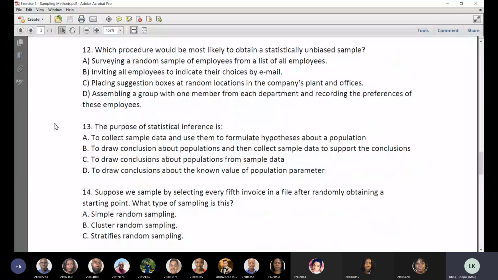Number 12, which procedure is likely to obtain a statistically unbiased sample? So when we say unbiased, there must be some probability sampling technique used there. So it shouldn't be something like quota, snowballing and so on.